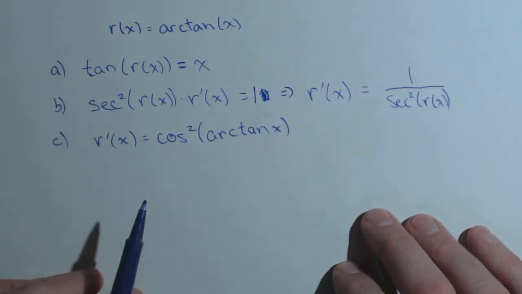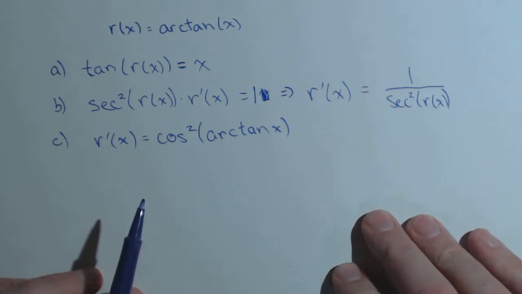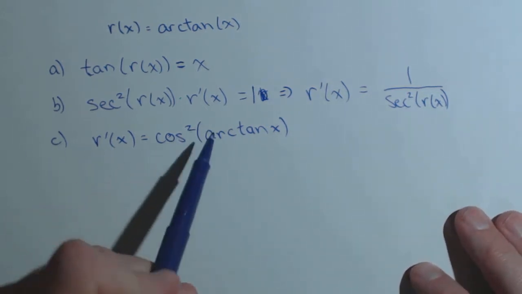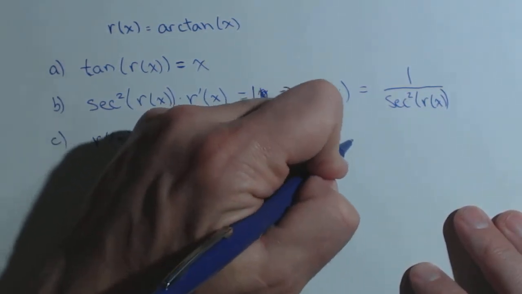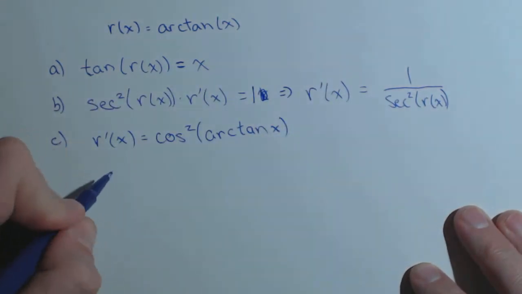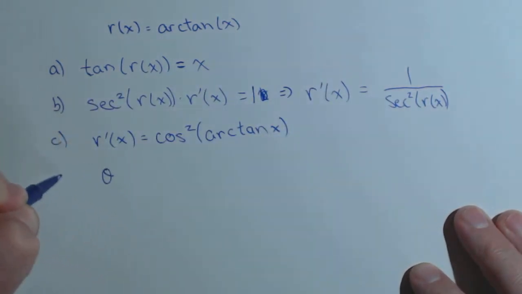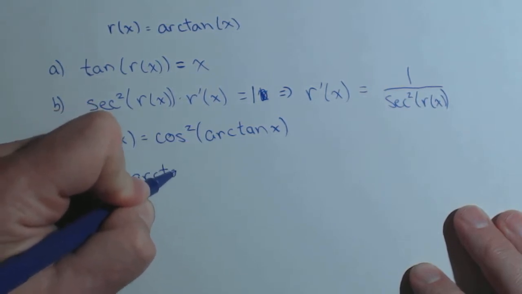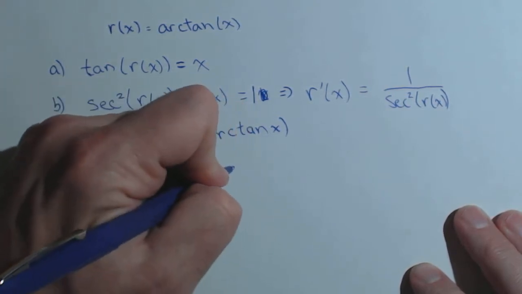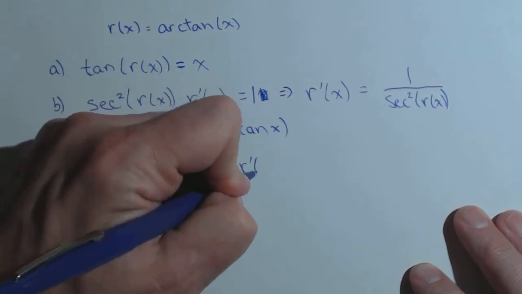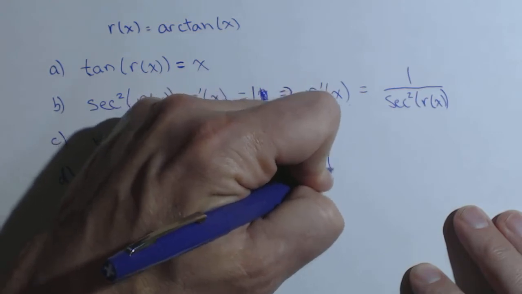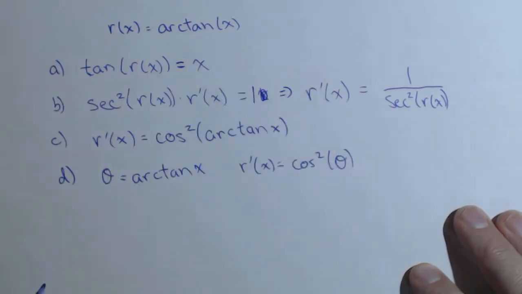Now we can simplify this a little bit more, and what we're going to do is let theta equal arctan of x, and that gives us that r prime of x equals cosine squared of theta.